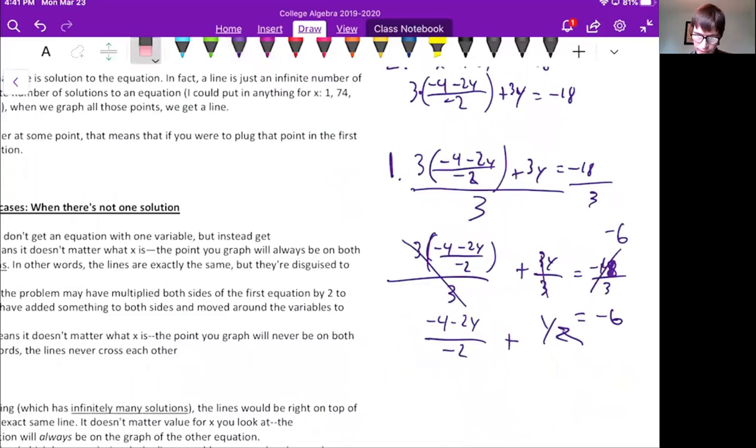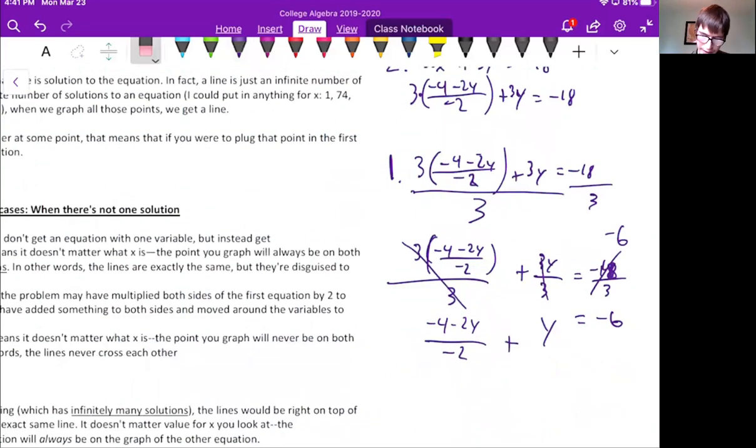Remember how we can multiply anything by 1, and 1 can come in many forms, like 1 over 1 or 4 over 4 or 7 over 7. We can do that with this y here. We can give it the common denominator with the fraction by multiplying y by -2 over -2 times y over 1, equals -6.